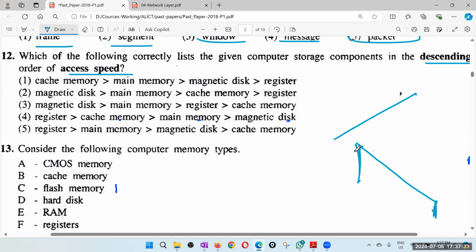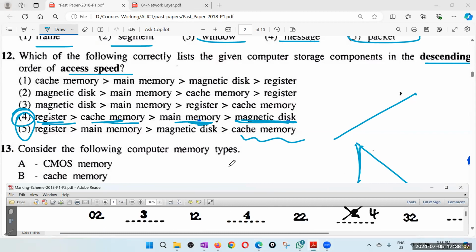So you must start with registers, then cache memory, then main memory, then magnetic disk or any other secondary storage. So this one with cache memory is wrong. Answer is 4, because it's descending, higher speed to lower speed. Answer is the fourth one.